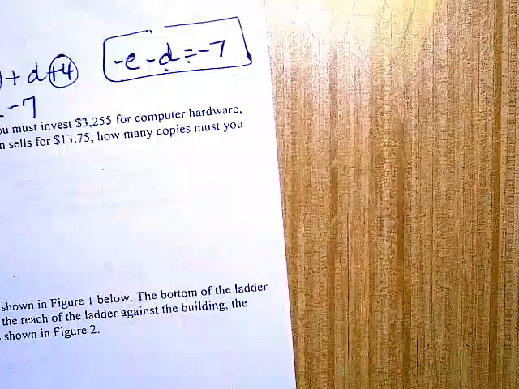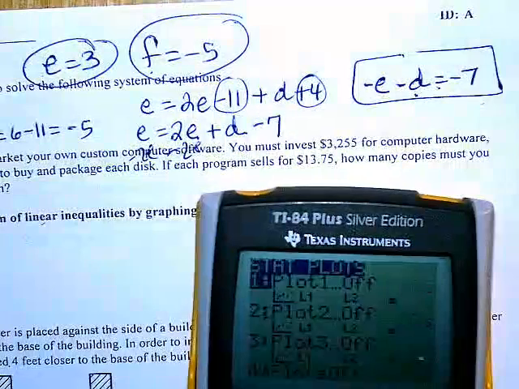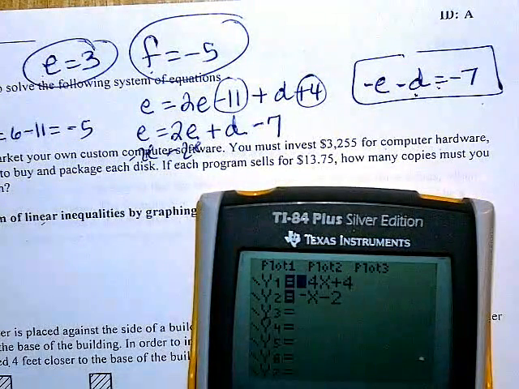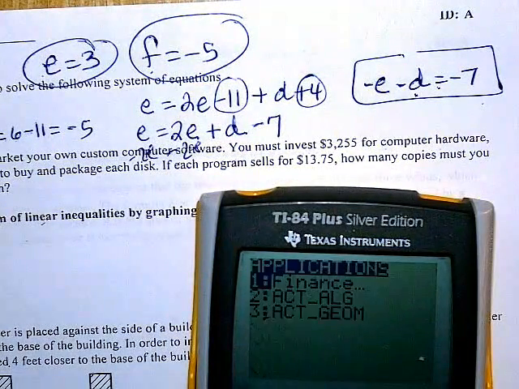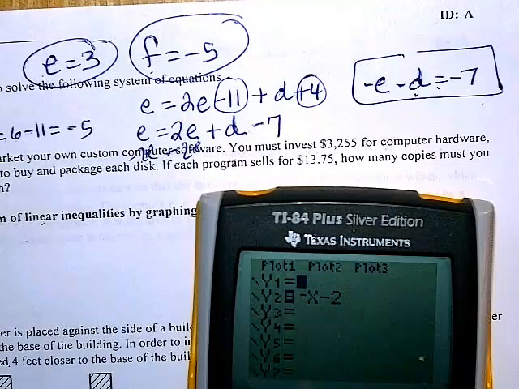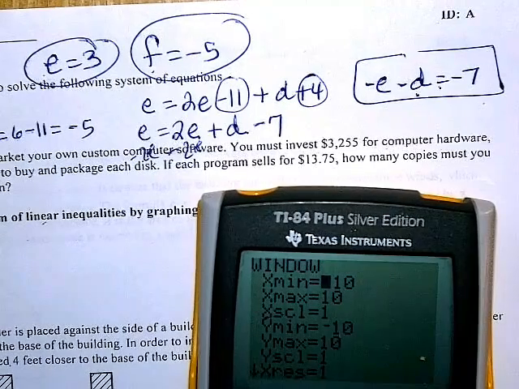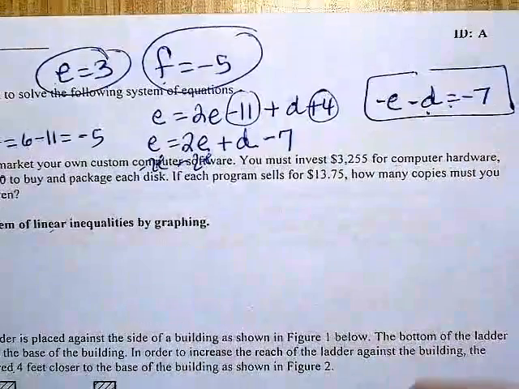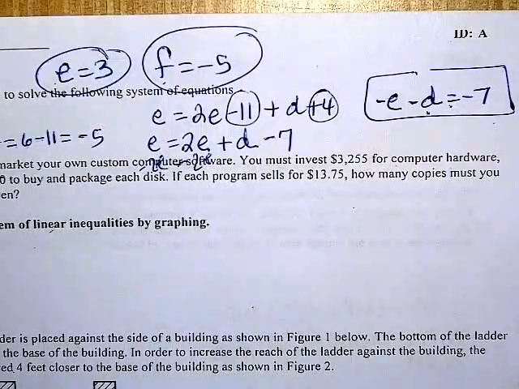Okay, the next one is another problem that you need to do on the calculator. Go to y equals, and we need a calculator that has inequalities on it. Mine does not. Does somebody have one at their desk? Would you bring it up here?